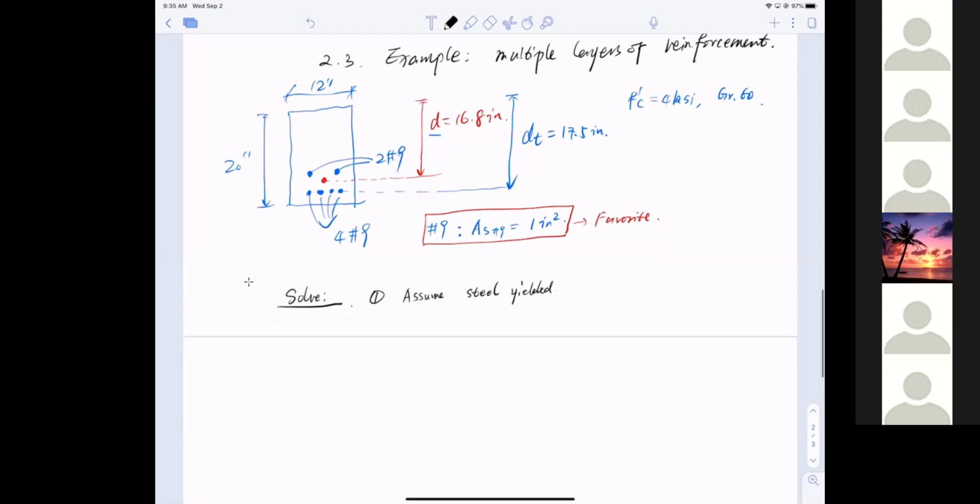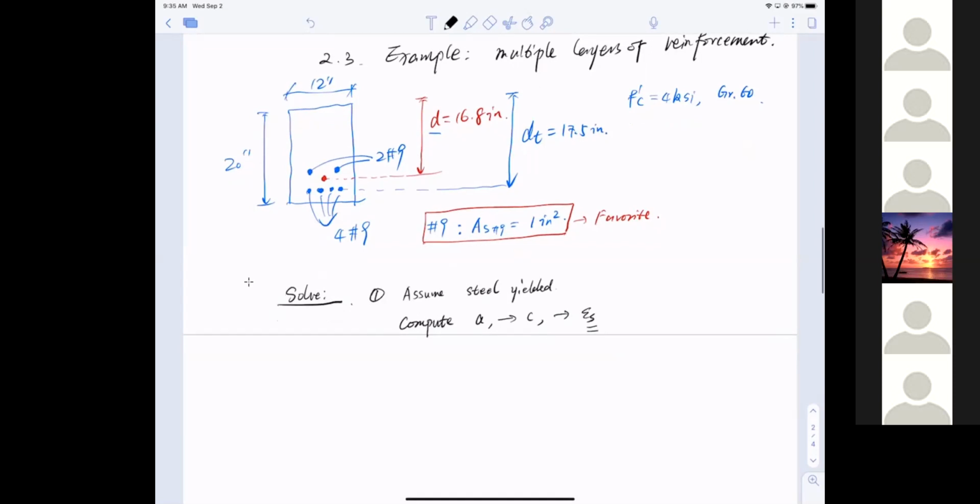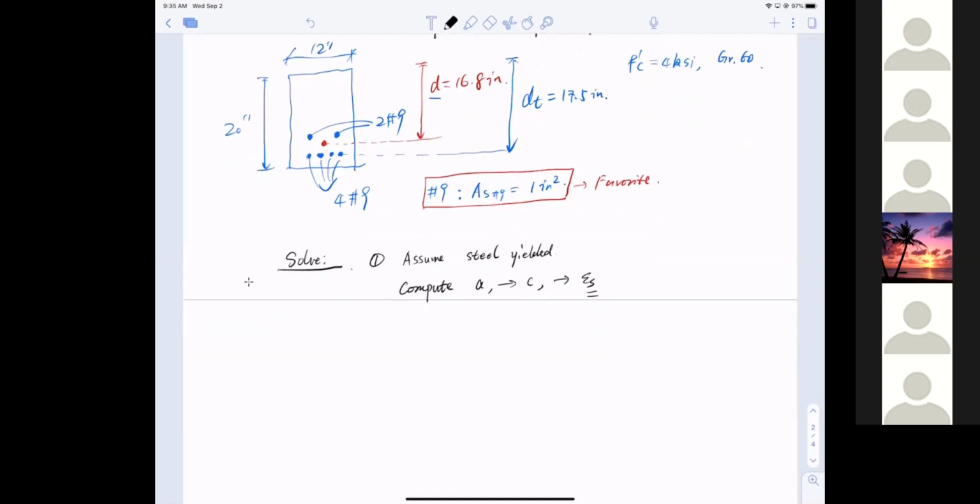So assume steel yielded, and then I can proceed to compute the effective compressive zone a first, and get my actual compressive zone c, and then get my strain in the steel epsilon s. I purposely put epsilon s here to differentiate from epsilon t. All of this is under the assumption that steel yields.